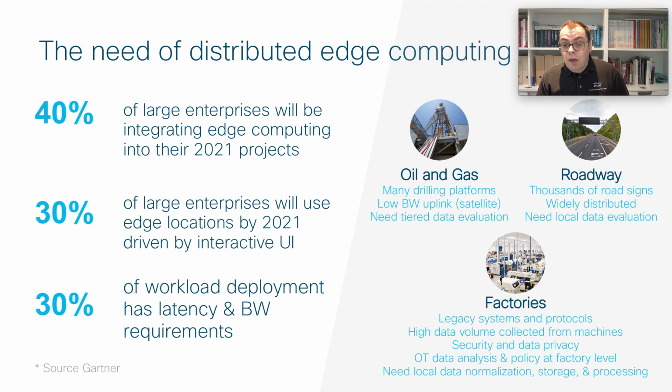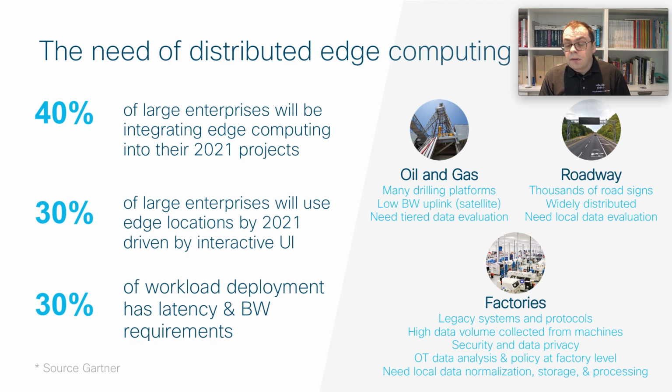So we need to take this into consideration, and we need to put some security, and Kinetic can help to do this. The second problem is that we have a high data volume collected from the machines, and most of the time the plants are installed close to the natural resources, so the connectivity is poor or very limited.